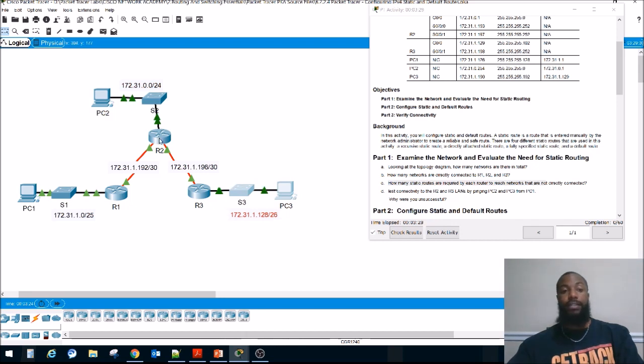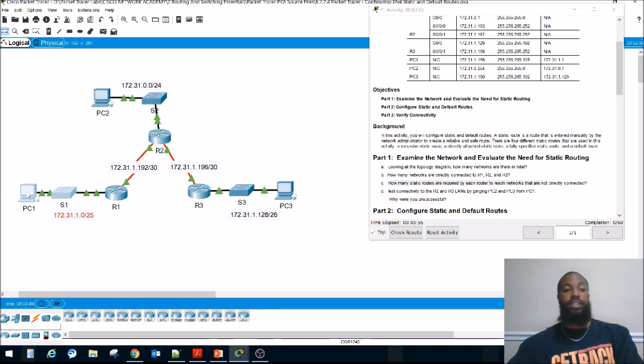Router 2 got this network and that network he's not directly connected to, so he got 2. Router 3 is not directly connected to that network or this network, so he got 2.